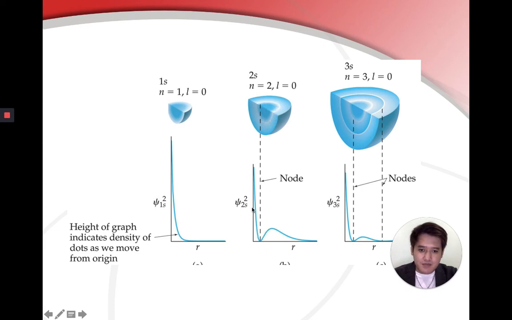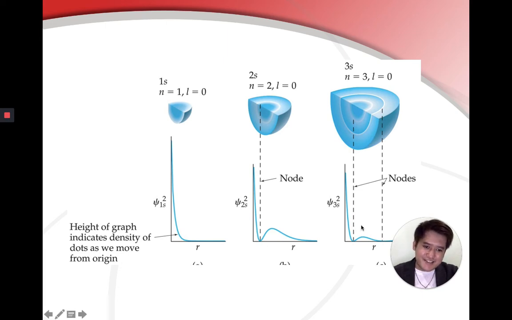The probability is represented by the Greek letter psi. There are areas in the graph which are actually zero. Meaning in these areas, if you take the cross section, or think of it as an onion, there are no electrons that can be found there. The height of the graph indicates the density of the dots as we move from the origin.